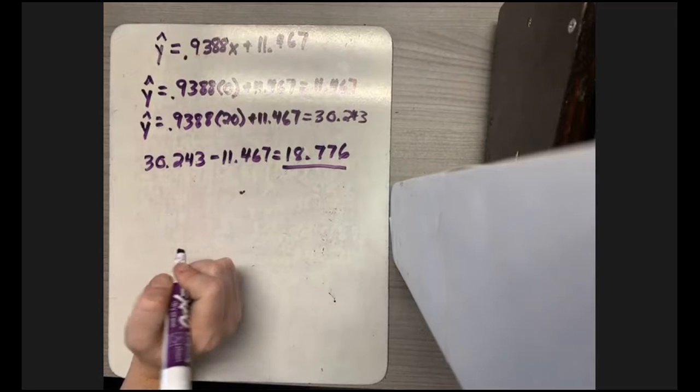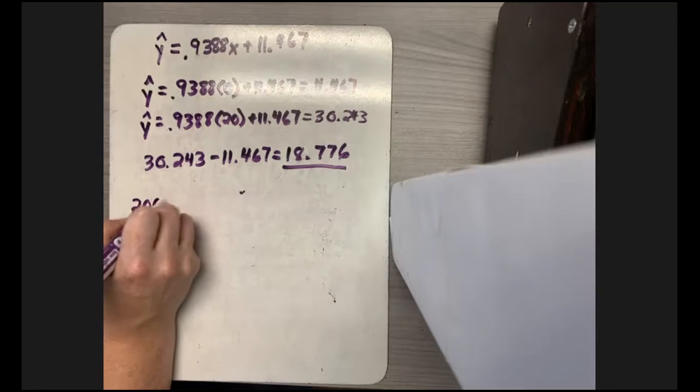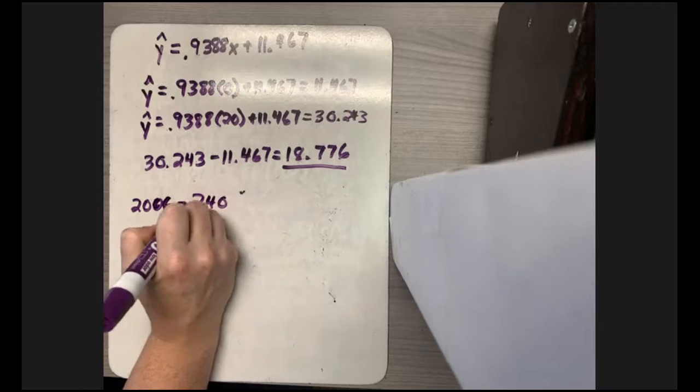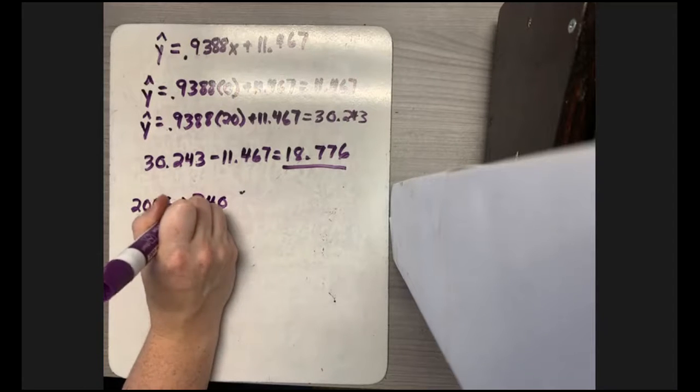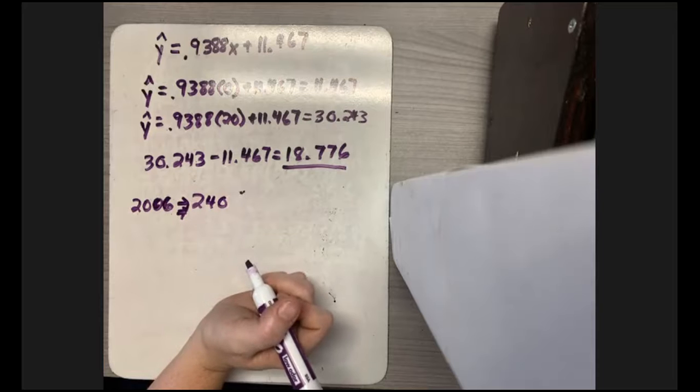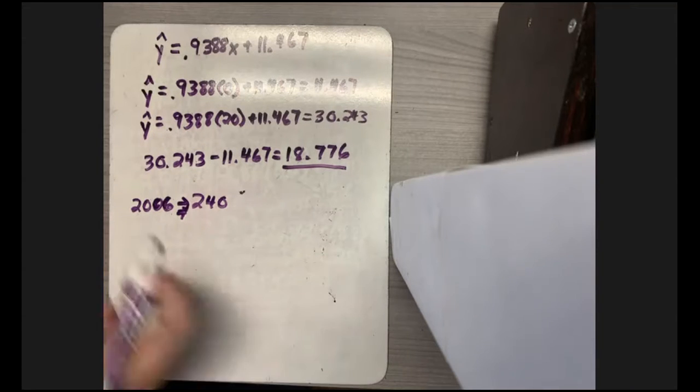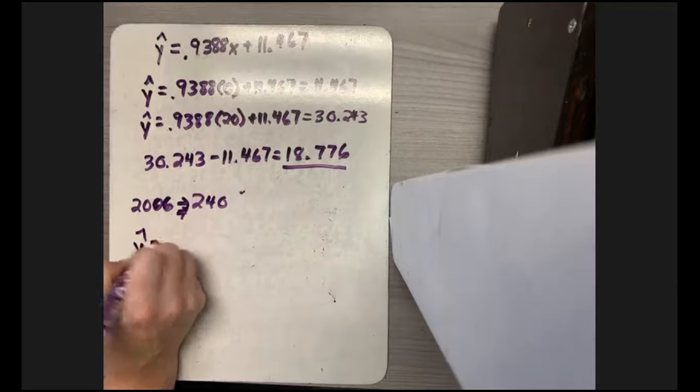Now, the next one it said is predict for 2012 if their 2006 budget was 240. So if their 2006 budget was 240 million, they're asking us to project up. This is just a straight plug in.